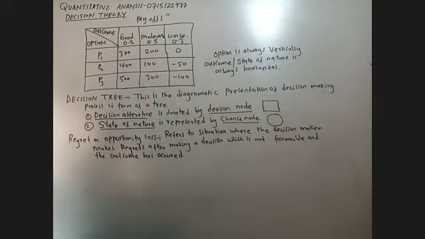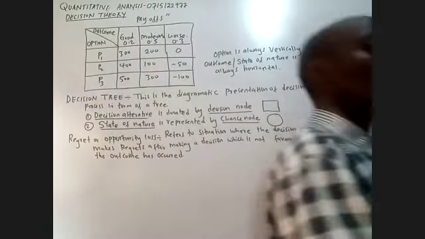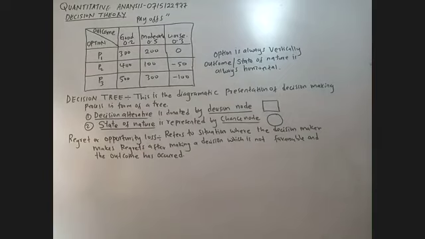For example, if you are a decision maker, you make a particular decision, then later you realize, no, this was not the decision I was supposed to make. So you regret why you made that decision. That regret is what we call the opportunity loss or the regret of making that decision.